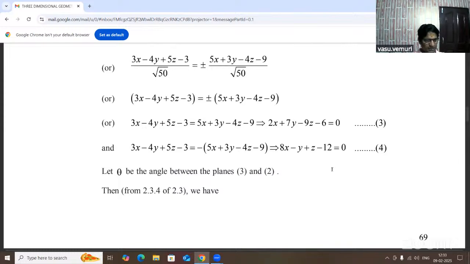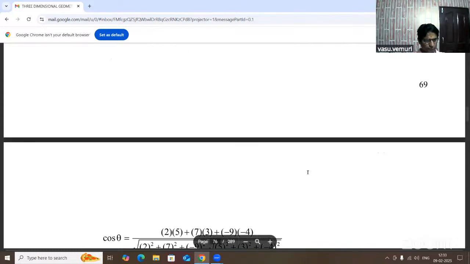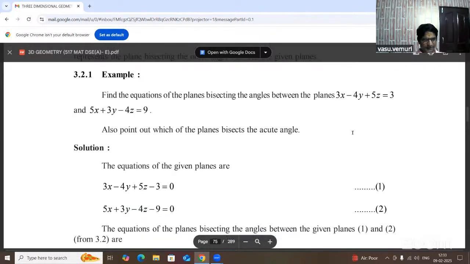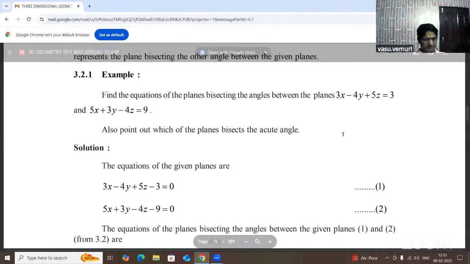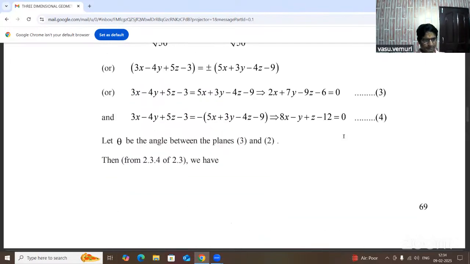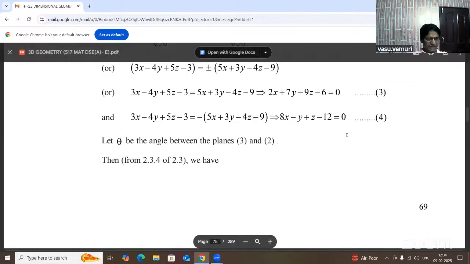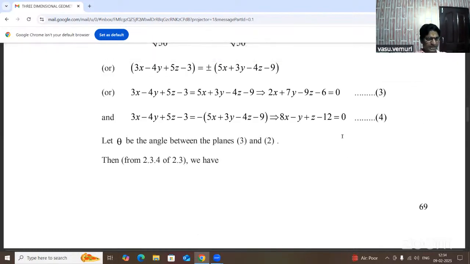Then we have cos theta equal to, second equation means the second plane, 5x plus 3y minus 4z minus 9. So that is the third equation and the second equation, and theta is the angle between the planes.